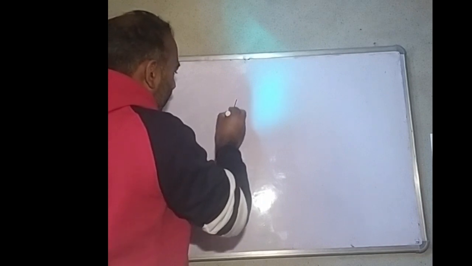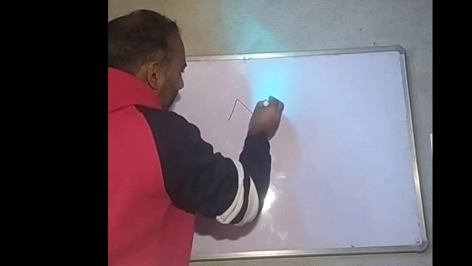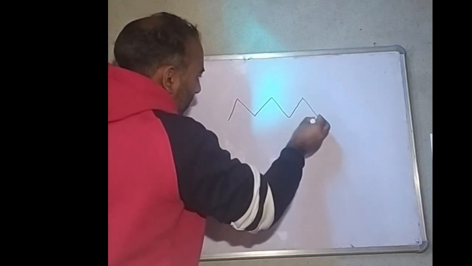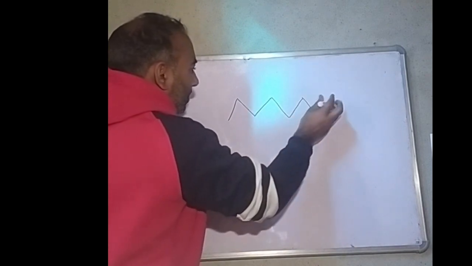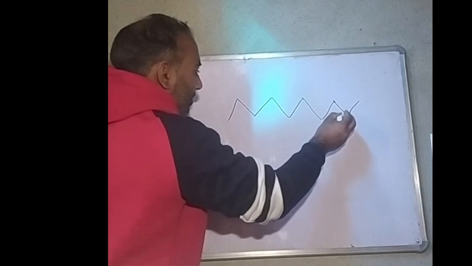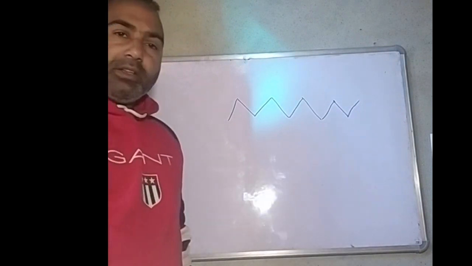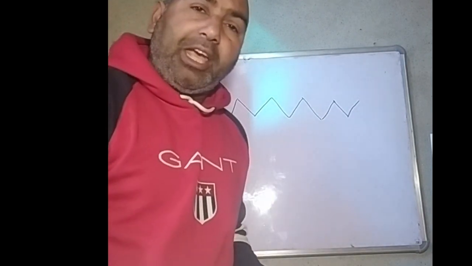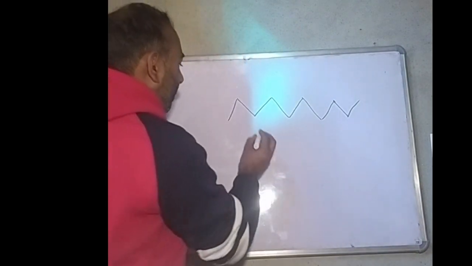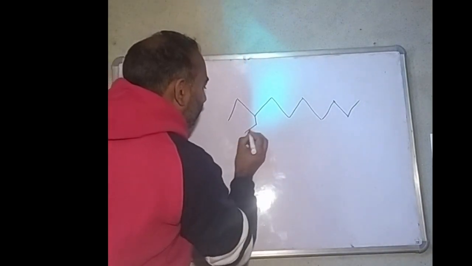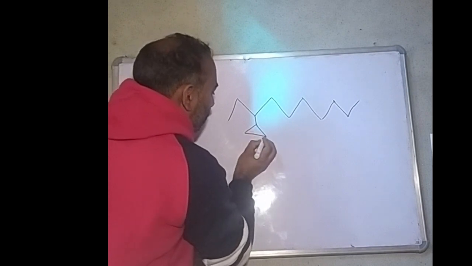One more example. See, this is an acyclic chain alkane containing 10 carbons. It is decane. Here I will write a substituent.